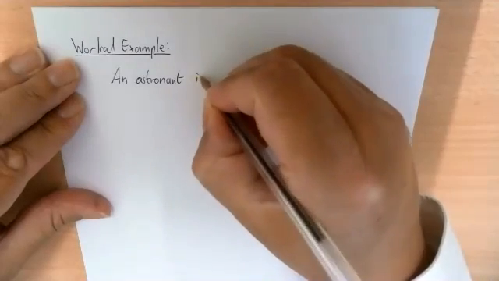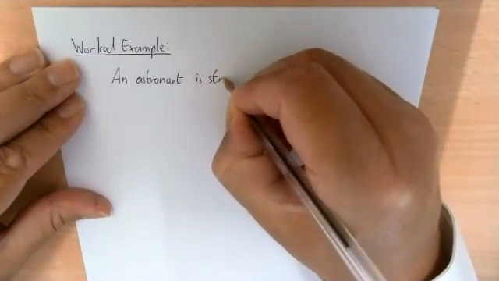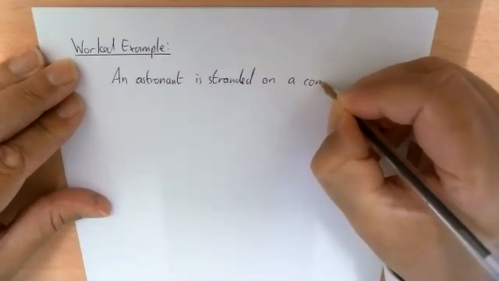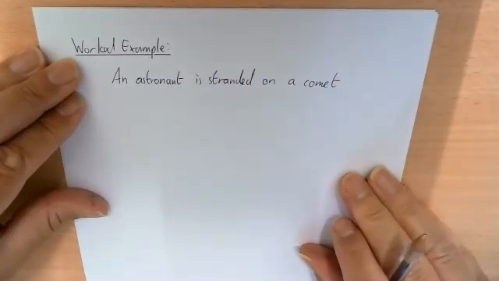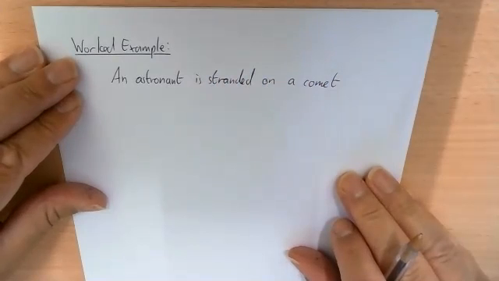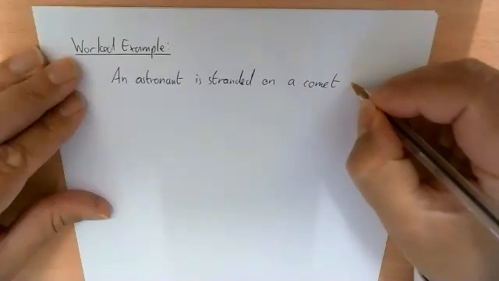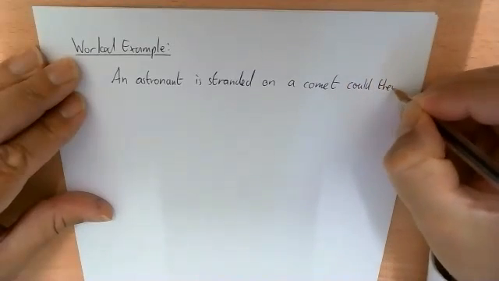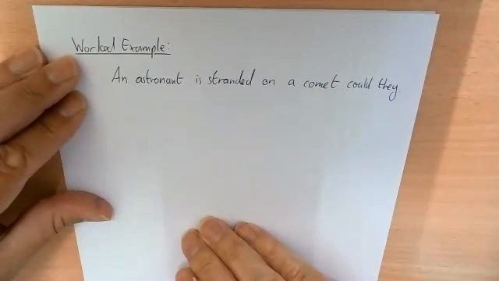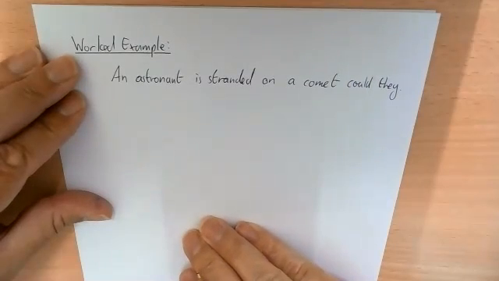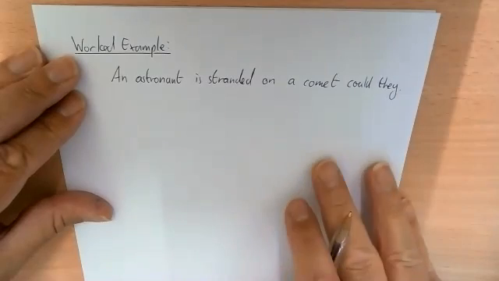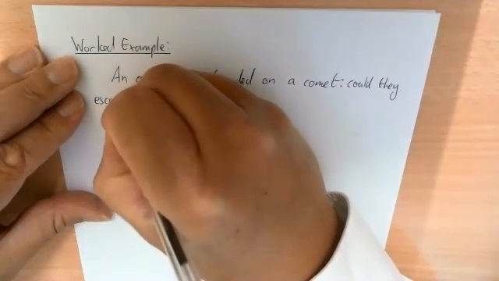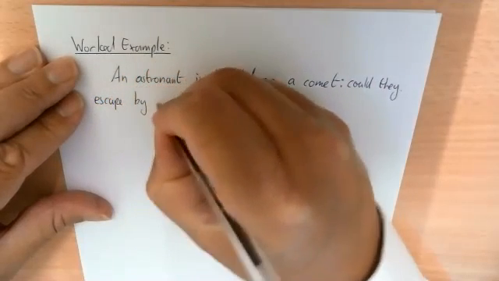So an astronaut is stranded on a comet, and we said, imagine if someone was there, knowing the idea that anything that's launched into space, if it's traveling at escape velocity, it won't come back. Could they escape by running?